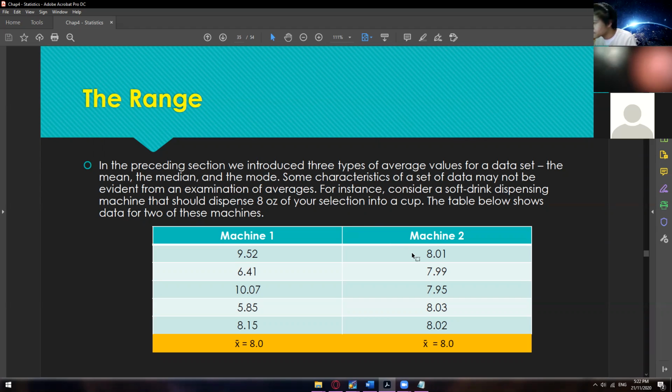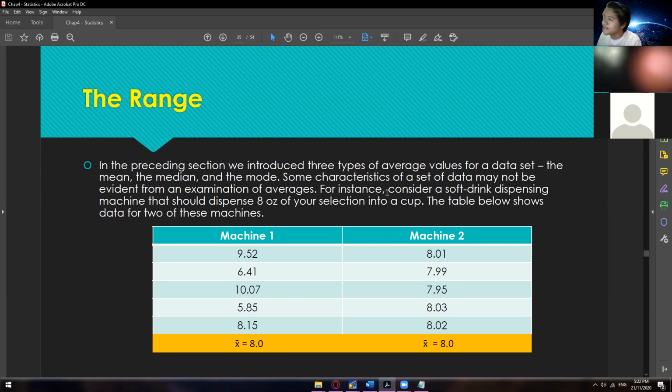Here, we use range because we want to get the margin of error of a certain machine. It doesn't have to be exact, but it shouldn't be too far from the expected result.